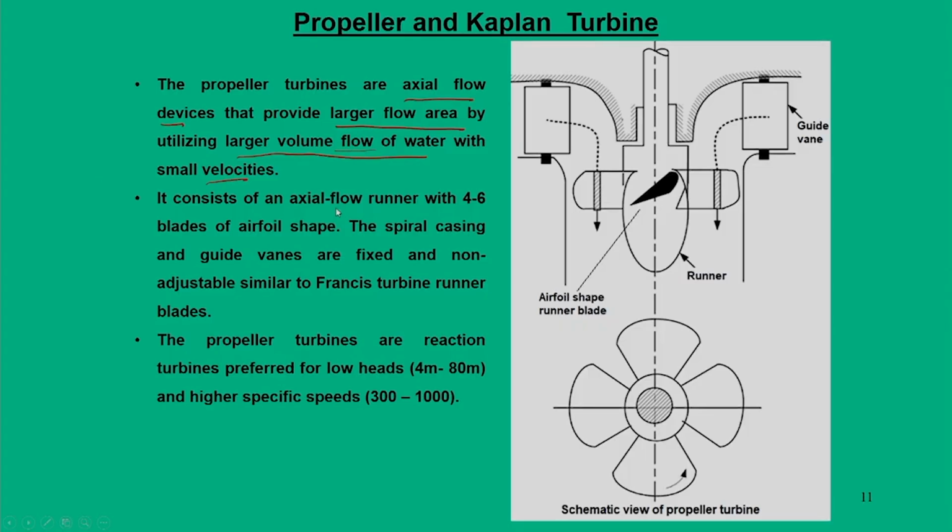In such cases we use propeller turbines. These have an axial flow runner with 4 to 6 blades of airfoil shape. There is also a difference from Francis turbines: in Francis turbines the blades are fixed, but here we have adjustable blades.